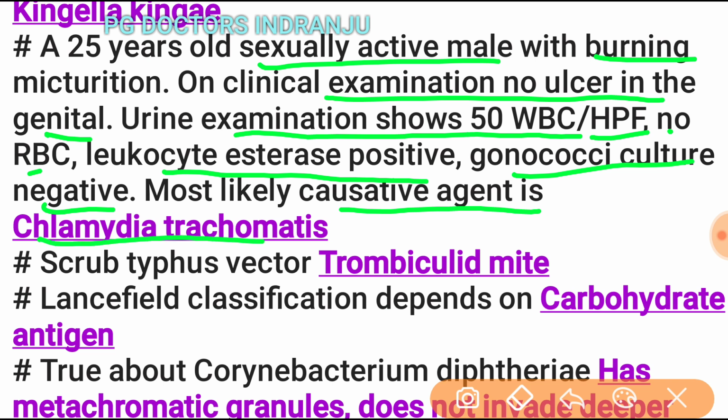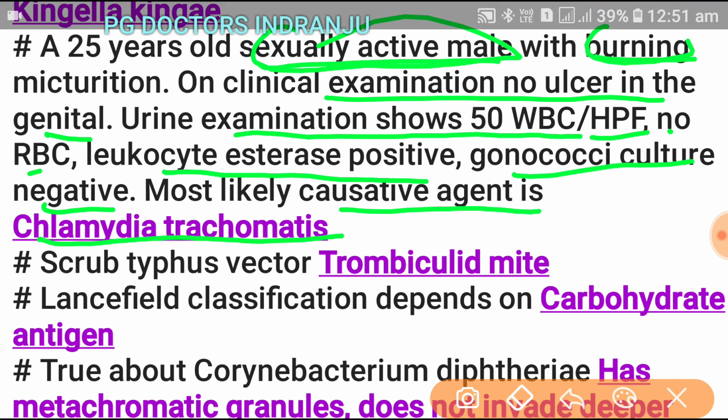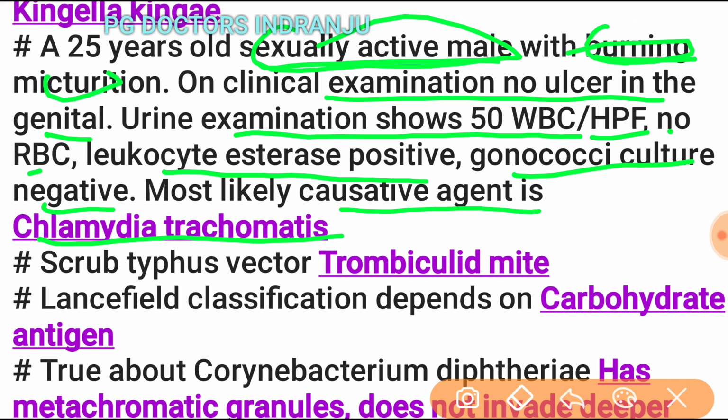Chlamydia trachomatis. Chlamydia trachomatis has the features of both bacteria and virus. The question already says a sexually active male with burning micturition, and clinical examination shows no ulcer.